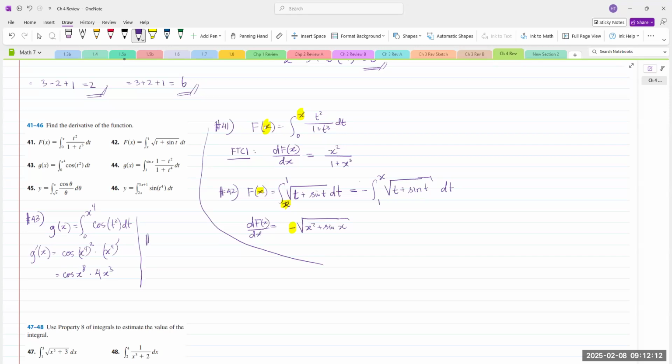Okay, number 44. Very similar idea. If gx equals the integral from a constant to a function of x of 1 minus t squared over 1 plus t to the 4th dt, then g prime x will be 1 minus sine squared x over 1 plus sine to the 4th x times the derivative of sine x.